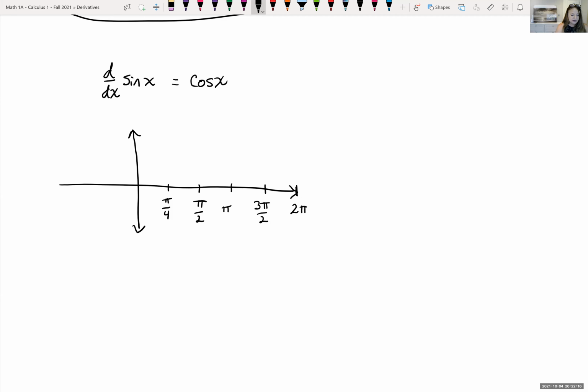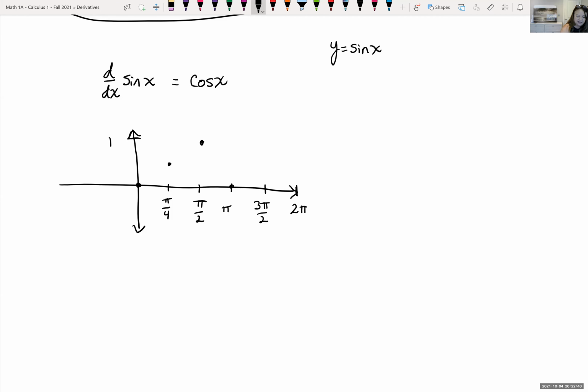Sine, I know at 0. What I'm first graphing is y equals sine of x. So I know that sine of 0 is 0. Sine of pi fourths is root 2 over 2. Sine of pi halves is 1.